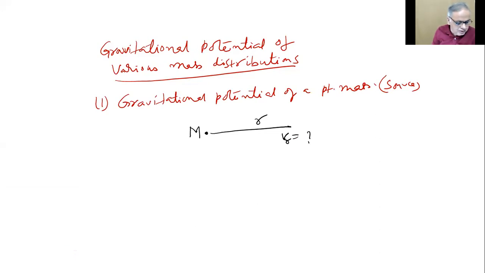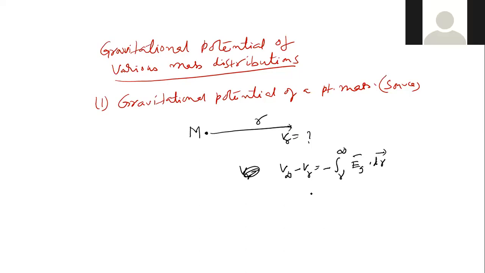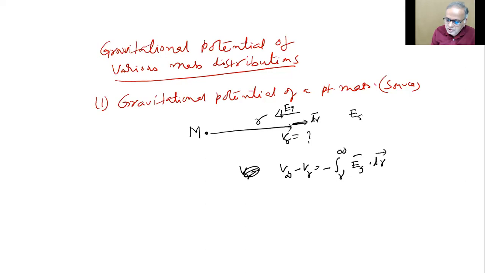So I'll straight away apply my formula. V at infinity minus V at r is equal to minus integral r to infinity of E gravitational dot dr. Where is this coming from? The basic definition. E_g will be towards the mass, dr is outward, so E_g dot dr is minus E dr because the angle is 180.